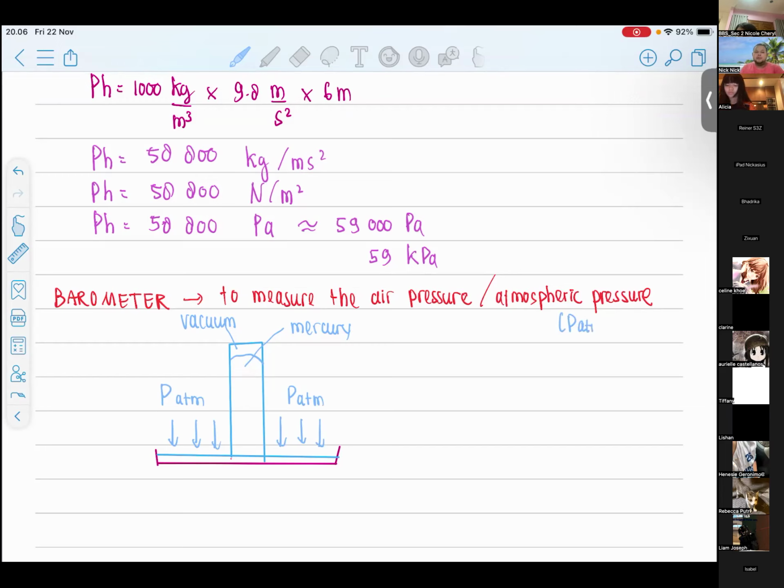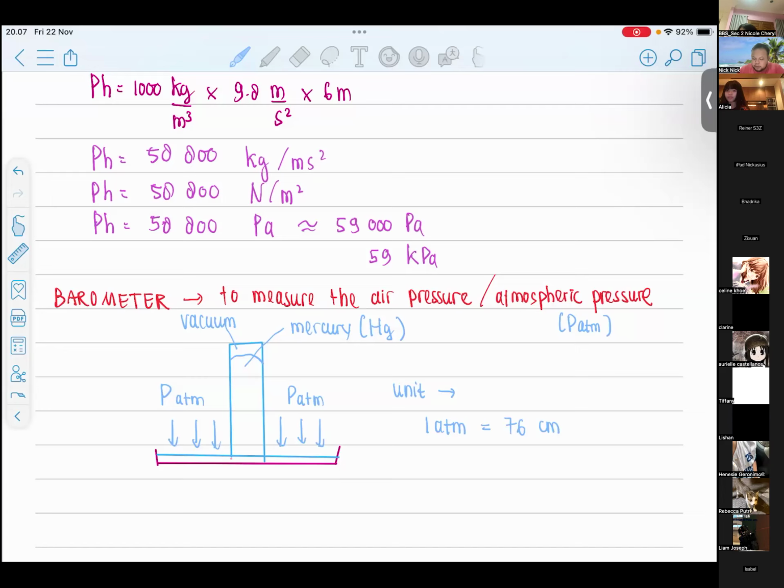Inside this is mercury, right? Now, the common unit in barometer usually is 1 atmosphere. ATM is atmosphere, which is 76 centimeter of mercury, right?